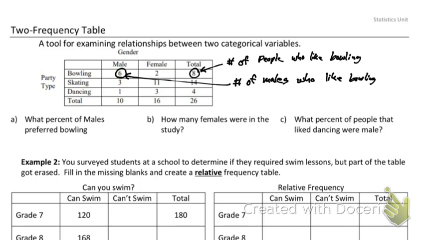So each one of these numbers inside are broken into separate categories. I have 3 females that like dancing. I have 11 females that like skating. I have 10 males, I have 16 males, and I have a total of 26 people. This 26 is your total of total. That is your total number of people or total number of whatever you have.